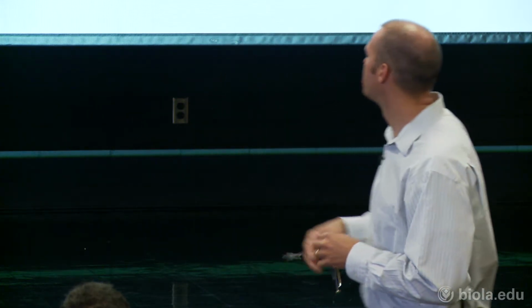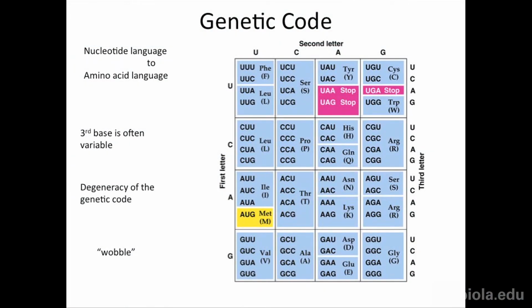Sometimes you hear an argument for common ancestry that every organism on Earth shares the same genetic code, so they must all be descended from the same organism. That's not actually true. I think there are more than a dozen different versions of the genetic code of what the nucleotides actually code for in terms of amino acids. This is the typical mammalian genetic code, okay?